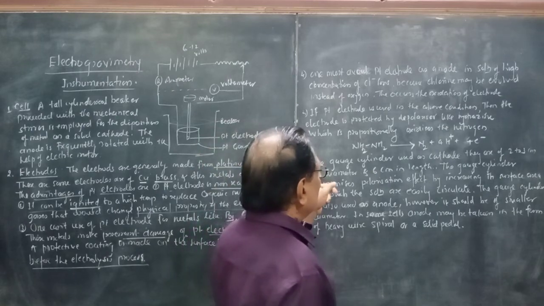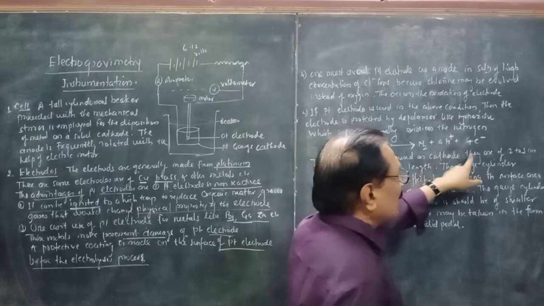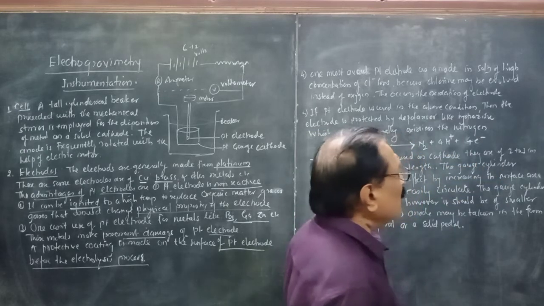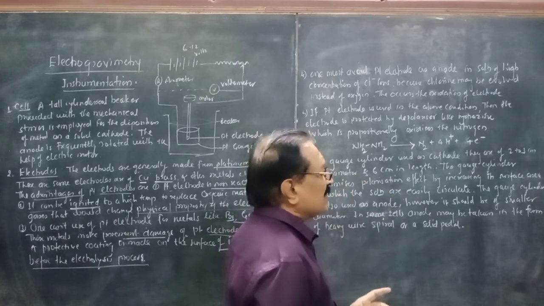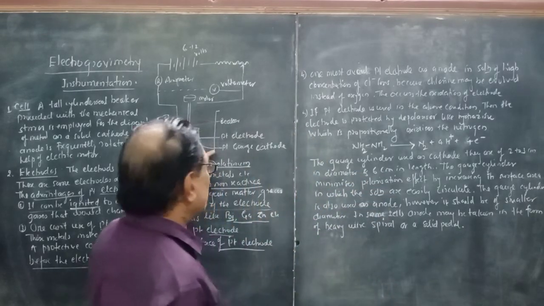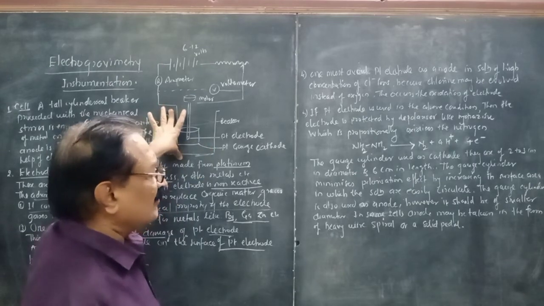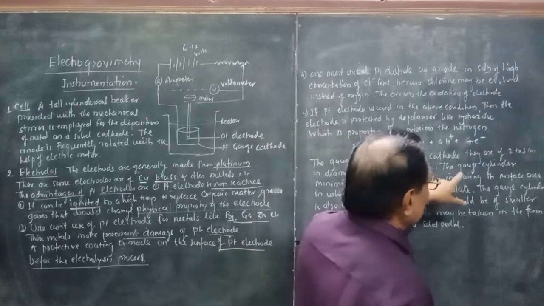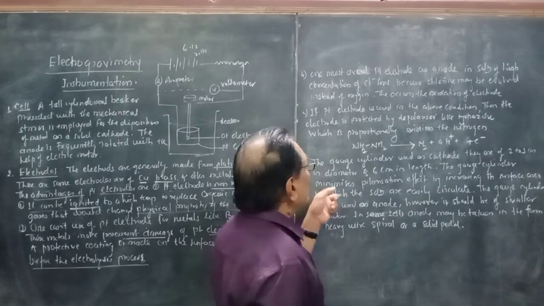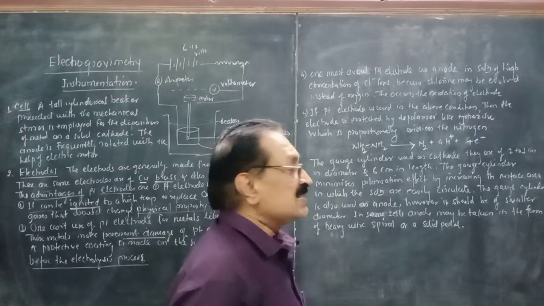The next one is the gauze cylinder that is used as a cathode. They are 2 to 3 centimeters in diameter and 6 centimeters in length. The inner diameter is 2 to 3 centimeters, and the length of the cylinder is 6 centimeters. The gauze cylinders minimize the polarization effect by increasing the surface area.